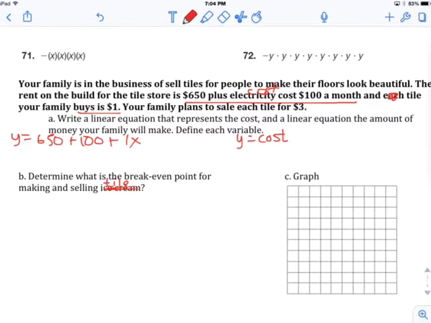Okay, your family plans to sell the tile for $3 each. For $3, so each tile is $3. So Y equals $3 per tile. So X then equals the number of tiles.